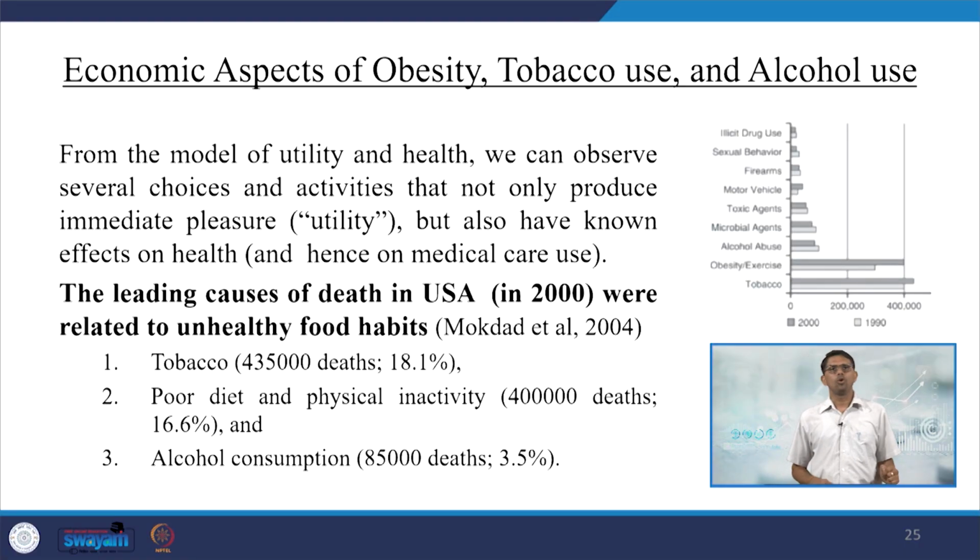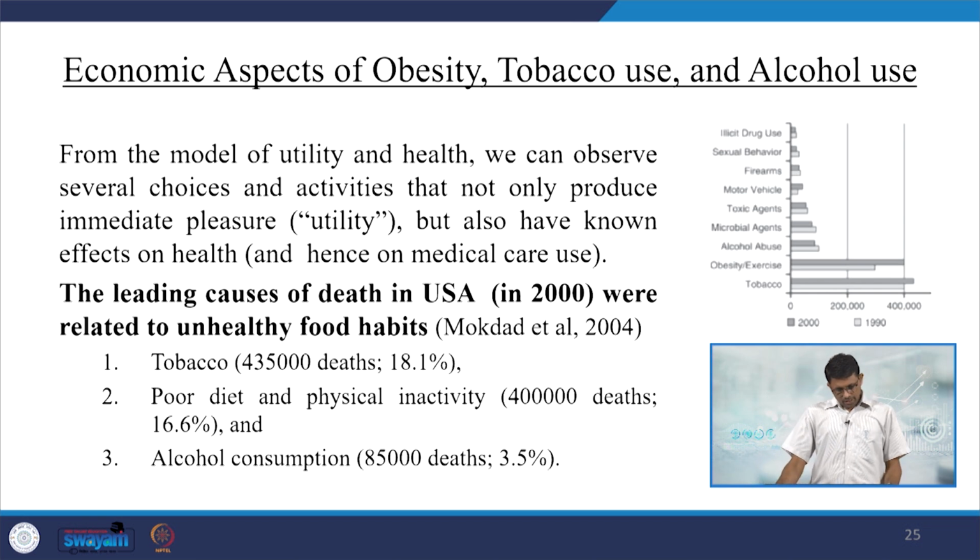Similarly, some examples we have cited here, like obesity, tobacco use, alcohol use, really affect a person's health and drive it towards the bottom level of your minimum stock of health.